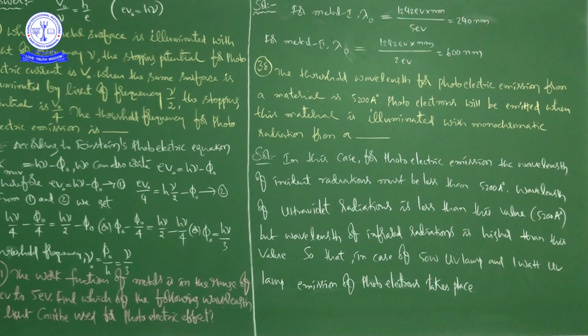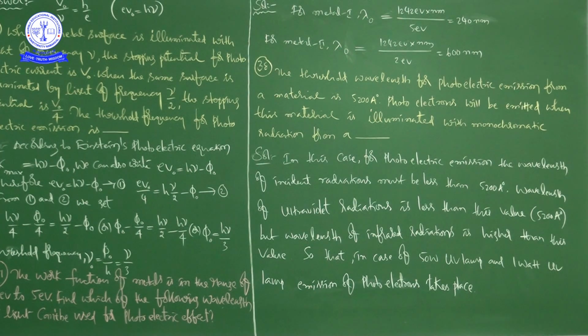The wavelength of ultraviolet radiation is less than this value, 5200 angstrom unit, but the wavelength of infrared radiation is higher than this value. So we know the wavelengths of ultraviolet and infrared radiation, and we have to compare this value with them. Then we can get the conclusion.